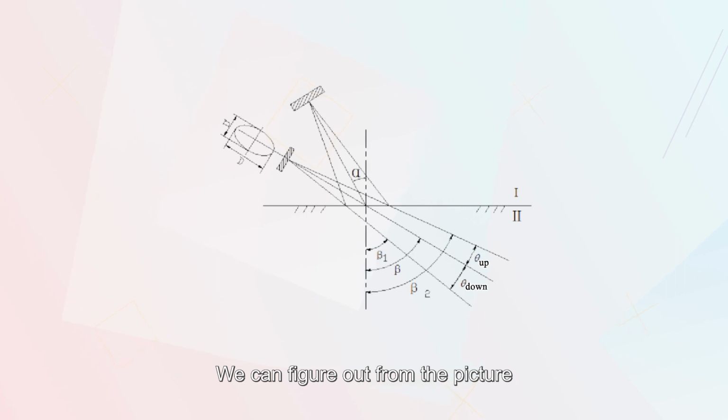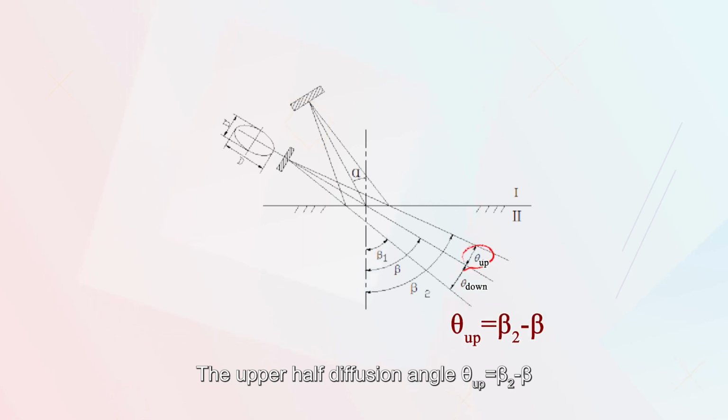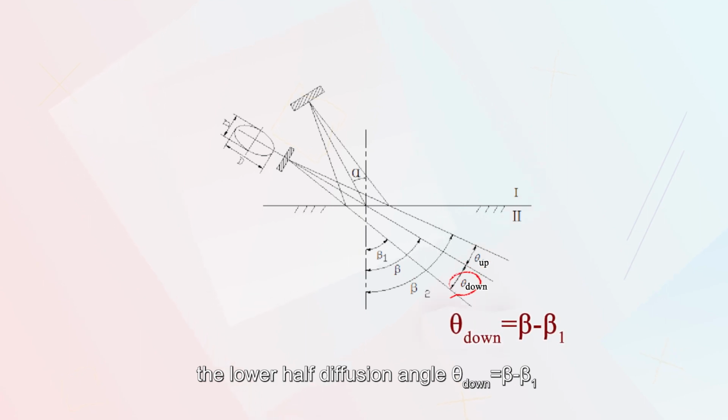We can figure out from the picture the upper half diffusion angle, zeta up, is equal to beta 2 minus beta. The lower half diffusion angle, zeta down, is equal to beta minus beta 1.